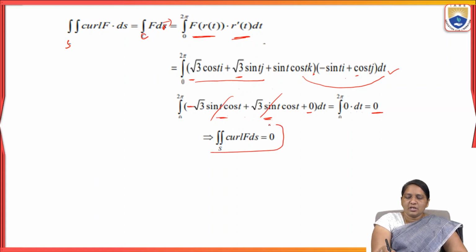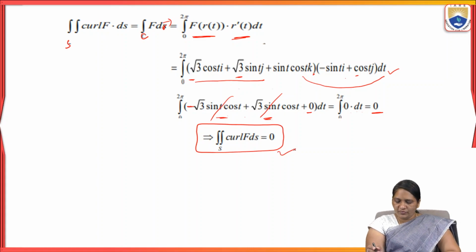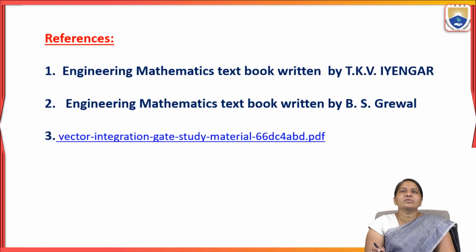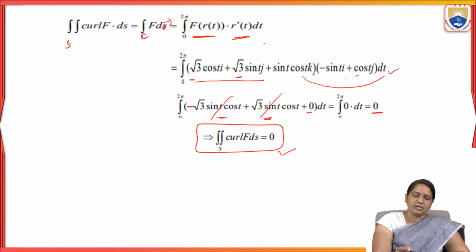So finally curl f bar dot dS equal to 0. If you calculate a line integral along the curve C also, we will get the same value. If you use the parametric equations also, we can solve this. So this is the way we can calculate the given line integral or surface integral by using the Stokes theorem.